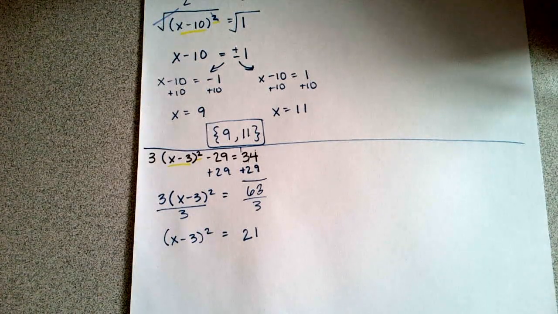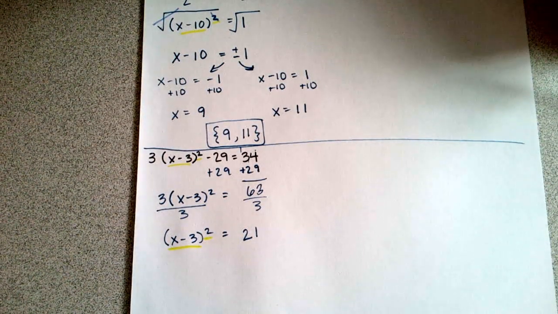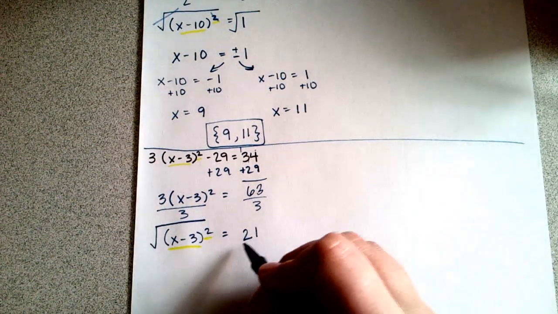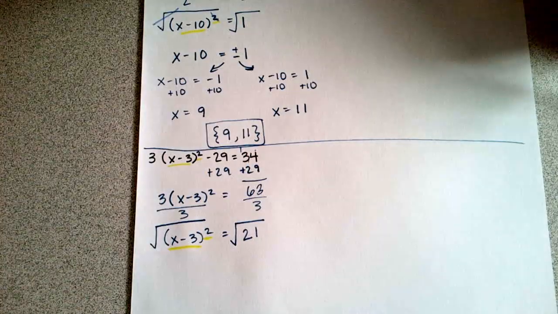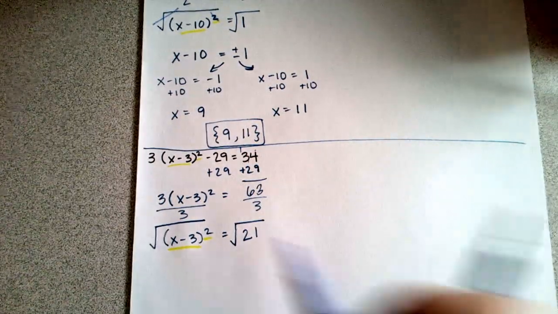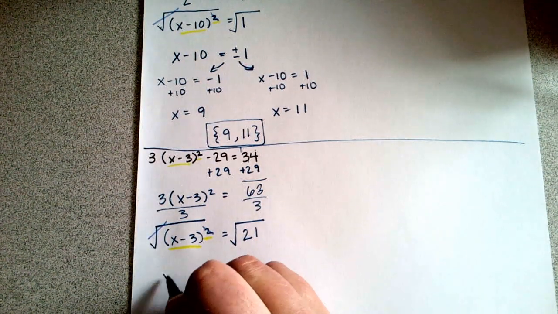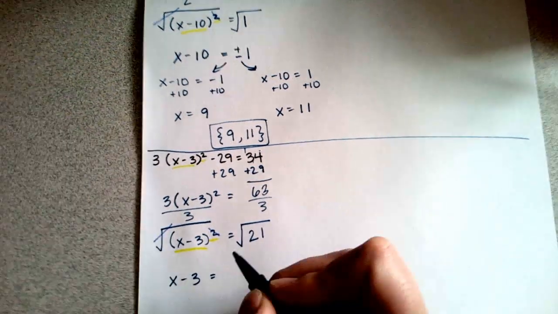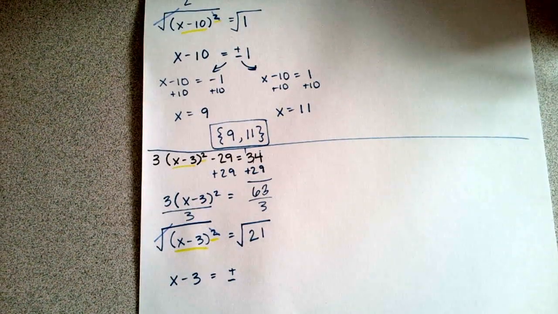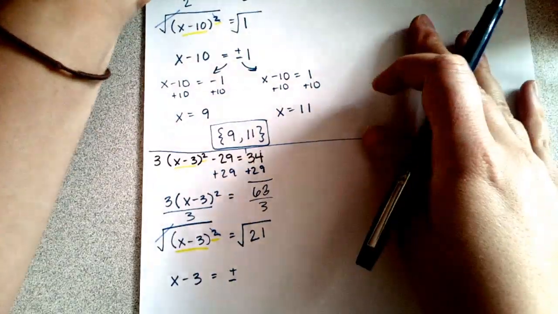Now we reached our first goal of getting the parentheses squared by itself. Now, in order to get rid of that squared, we have to take the square root of both sides. The square rooting of something squared just undoes the squared, and we're left with x minus 3 equals the positive or negative square root of 21.